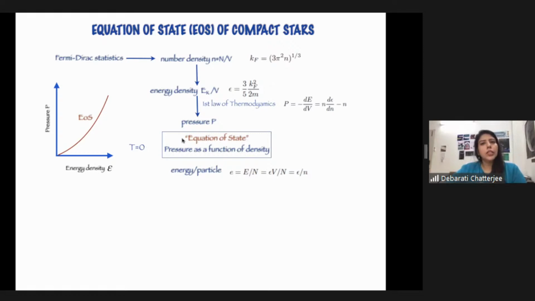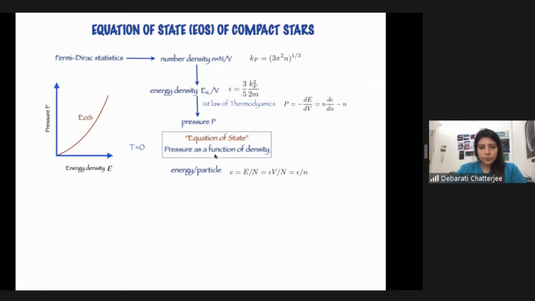So equation of state is a way of quantifying the interiors, or you can say it is a method of describing the interior of a neutron star, and everything that is a global property can be calculated from it. Once we have the equation of state, we can calculate everything else from this.